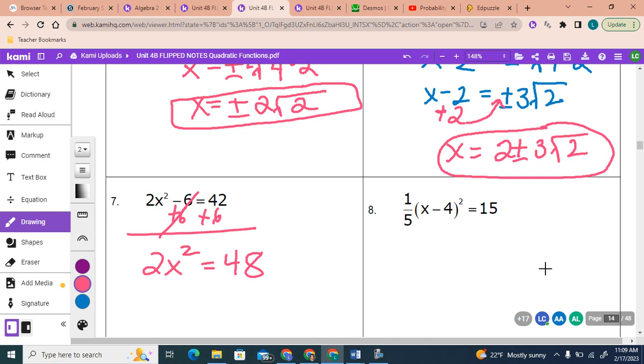We multiply, right? A fraction is just dividing. So to get rid of a fraction, we multiply. By what? Yeah, the denominator or the reciprocal. So 5 over 1 or just 5 is fine. And what we do to one side, we do to the other.